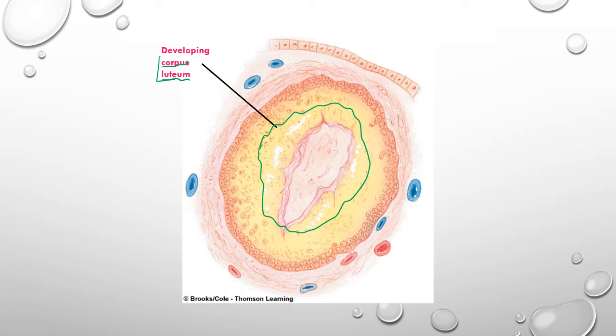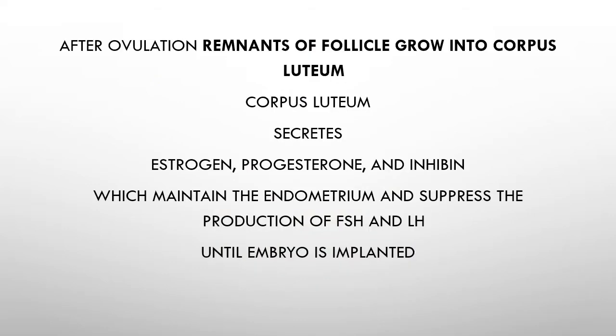They're starting to produce estrogen, progesterone, and inhibin, which is going to then allow us to decrease the potential for another ovulation. And so it's not a perfect system. It does happen where ovulation can occur even after pregnancy has occurred as well.